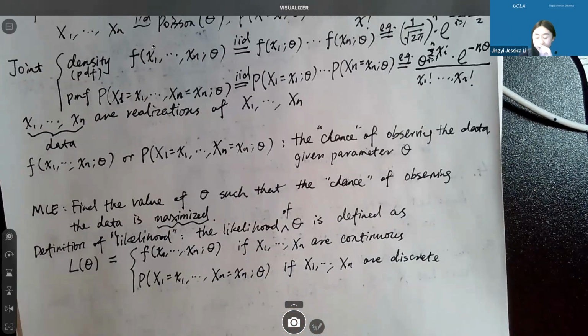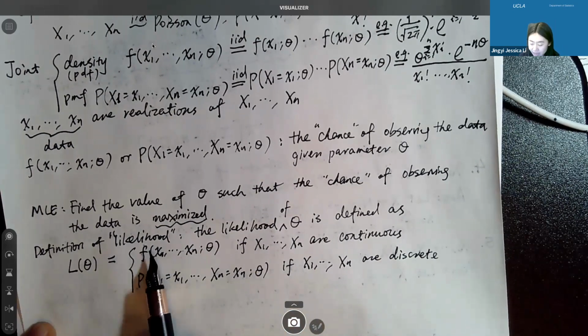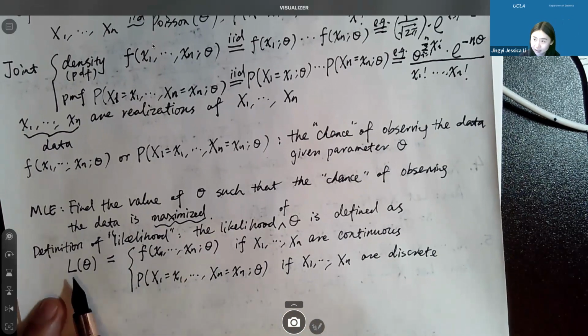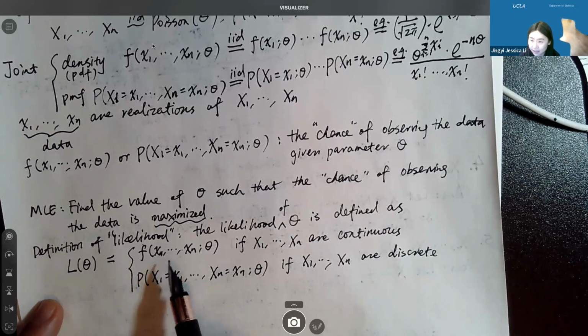So one thing I really want to emphasize is that even though we define the likelihood function as the joint PDF or joint PMF given theta, we cannot say the likelihood is the joint density. The reason is that on the left-hand side, function L has theta as its argument, while on the right-hand side, the f function has x1 to xn as its argument.